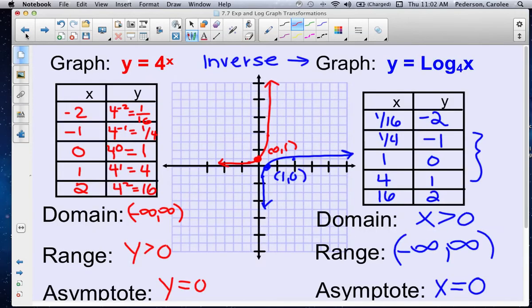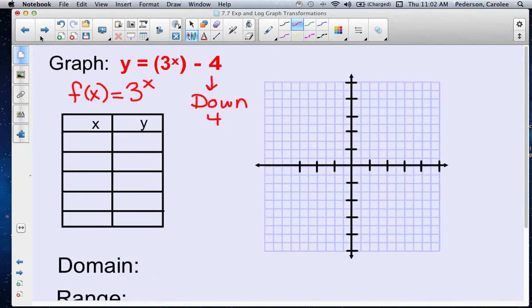If I just try 3 numbers, -1, 0, and 1, without the transformation, this is 3 to the -1 power, or 1/3. 3 to the 0 power, which is 1. And then 3 to the 1 power, which is 3.